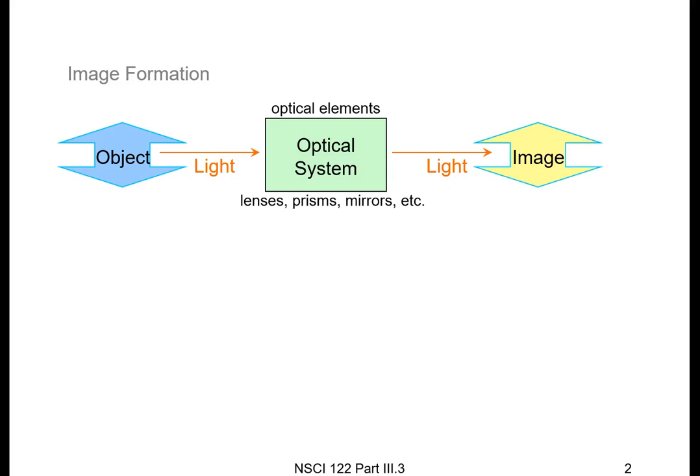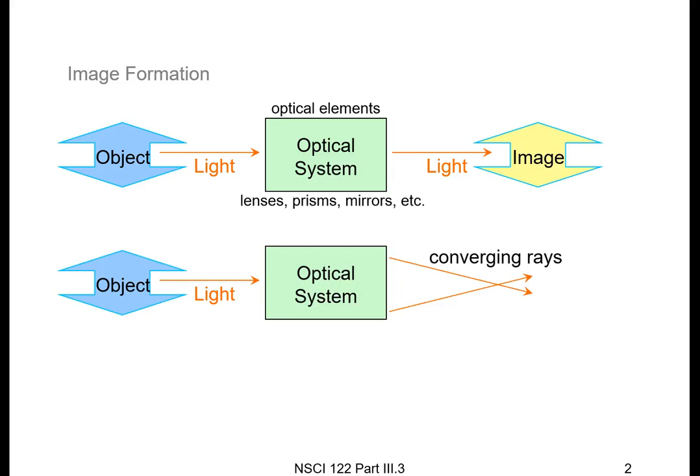Now, it turns out when the light leaves the optical system, if you actually look at the light rays leaving the optical system, there are two possibilities you can have. Well, there's really three, but one would be a very special case where the light rays coming out are all parallel. But I'll mention that in just a few minutes.